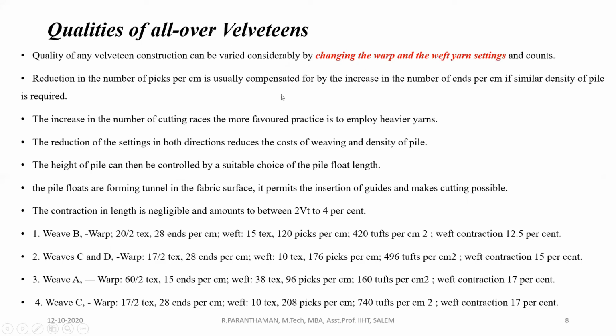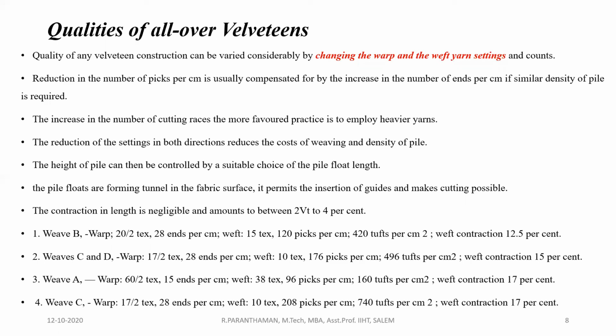Then, qualities of all over velveteens. The quality of any velveteen construction can be varied considerably by changing the warp and weft settings and counts. The reduction in picks per centimeter is compensated by an increase in the number of ends per centimeter to maintain the density of the pile.